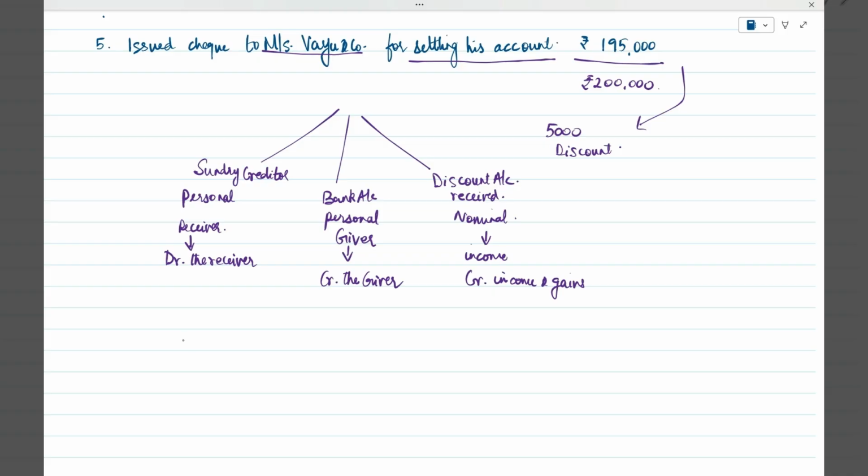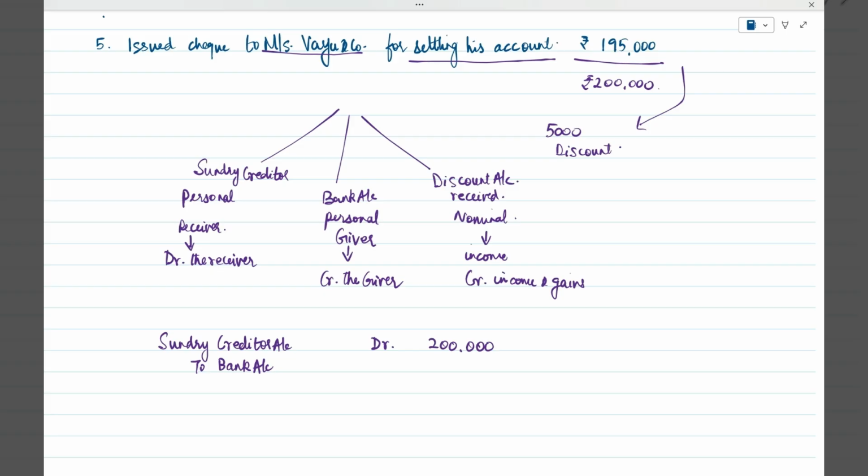So shall we put it in the form of a journal entry? First is sundry creditor account, debtor. So the total credit sundry creditor balance was 2 lakh. Debtor to. One account that is to be credited is bank account.